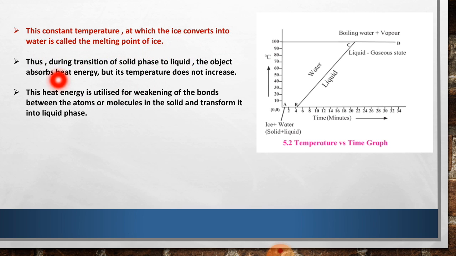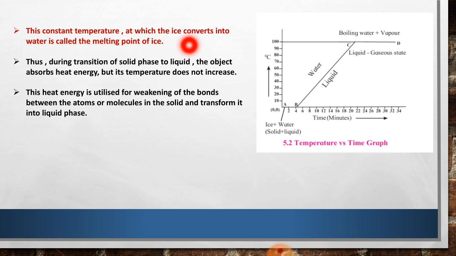Okay, thus during transition of solid phase to liquid, yes, ice is a solid phase and it gets converted into liquid. Yes, the object absorbs heat energy, but its temperature does not increase. Okay, this heat energy is utilized for weakening of the bonds between the atoms or molecules in the solid and transforms it into the liquid phase.